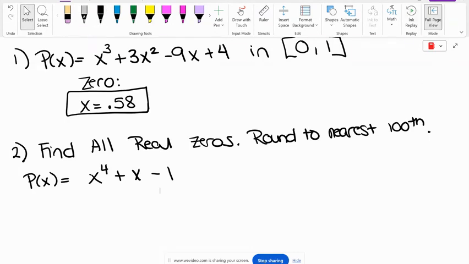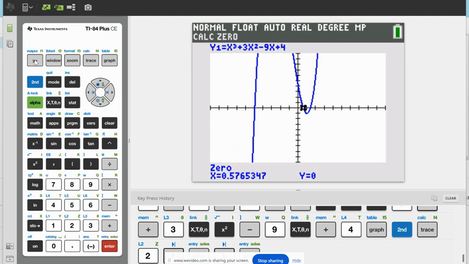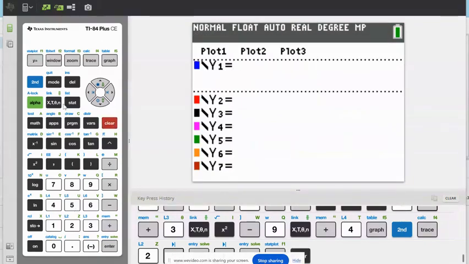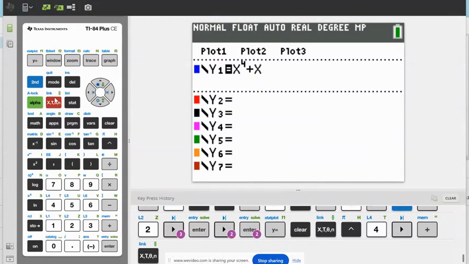So let's go to our calculator. Y equals x to the fourth plus x minus 1. Graph.